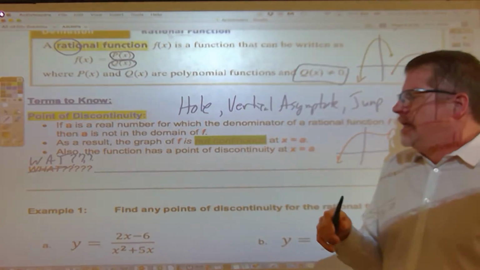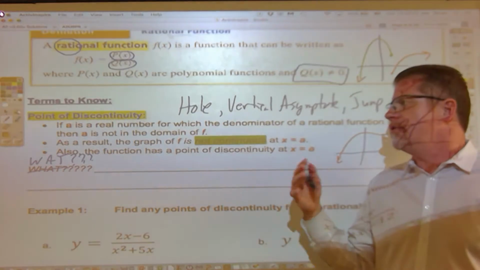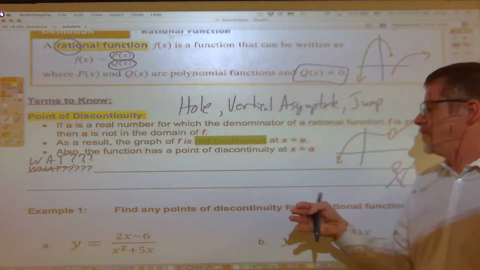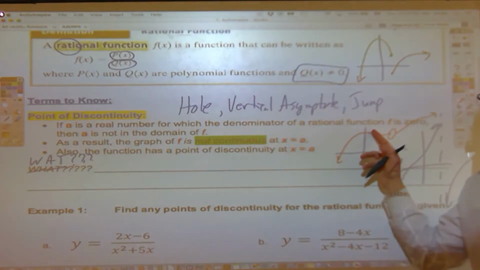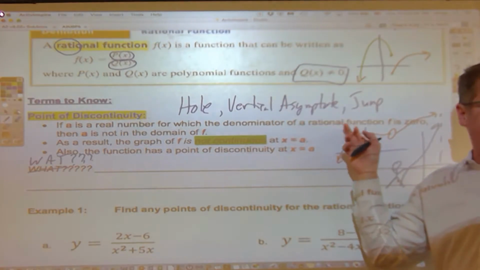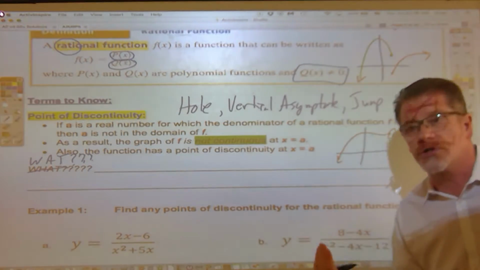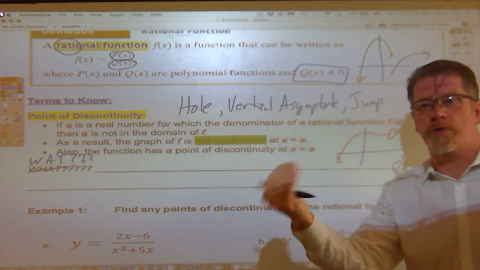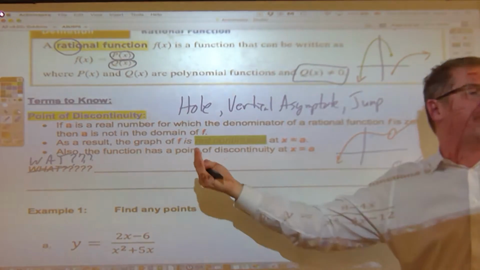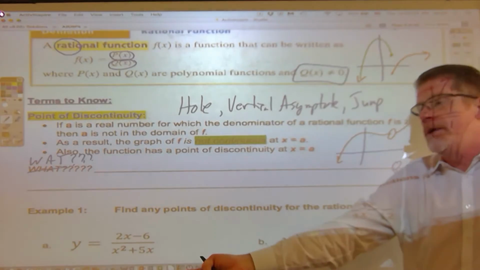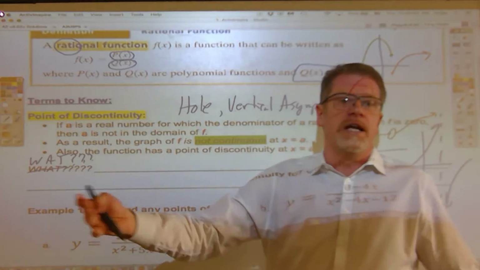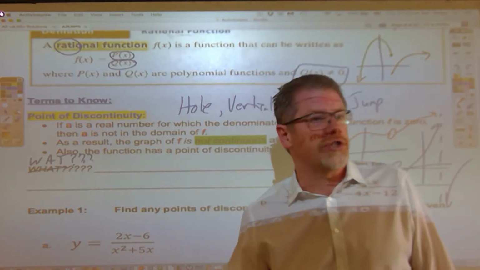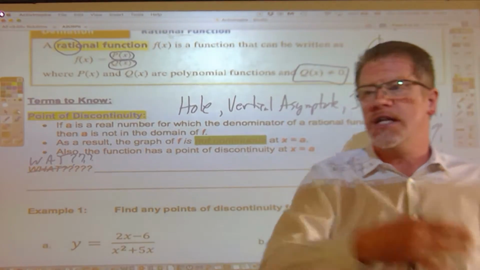So, if you're an engineer, you want to avoid discontinuities in your graph. It's not unusual to use the graph of a rational function or some sort of polynomial function to help you design your road. I mean, that's why we're teaching math in high school, is because we realize some people are going to become engineers and they might need to use these functions in designing things like roads.